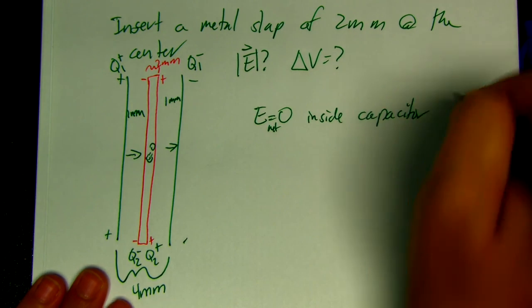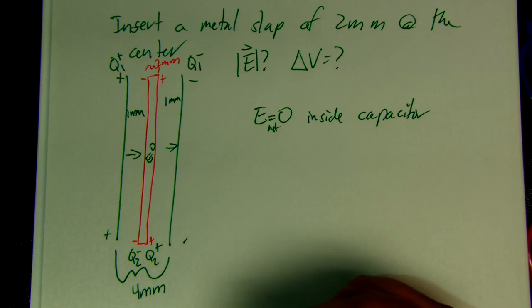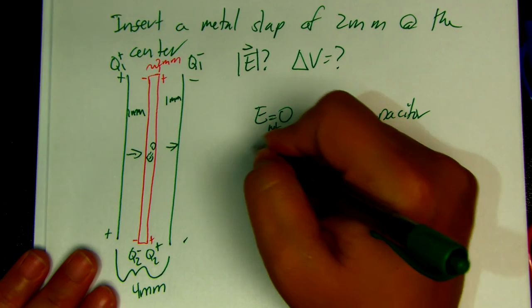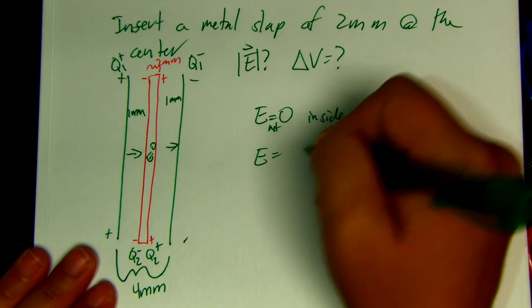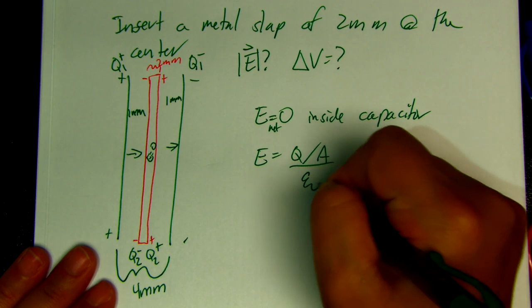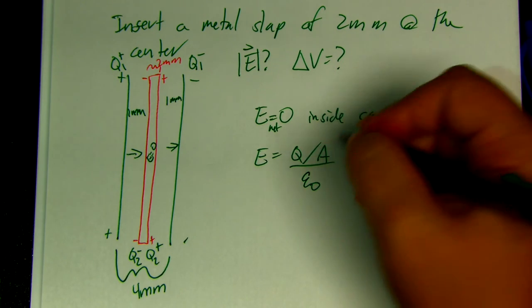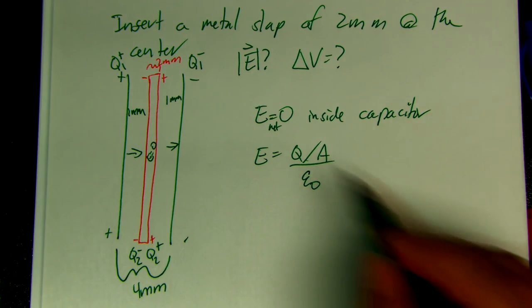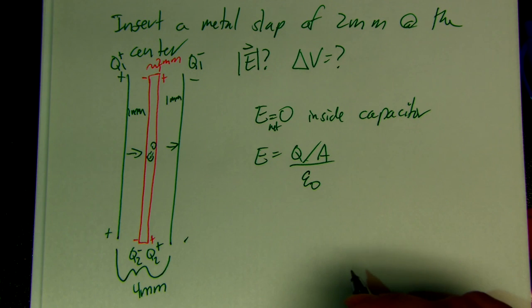And we can use this to figure out what the charges are on the plate. We know that the field of a capacitor is E equal to Q over A epsilon naught, where Q is the charge of the plate and A is the area. We know that E in the metal is equal to 0.